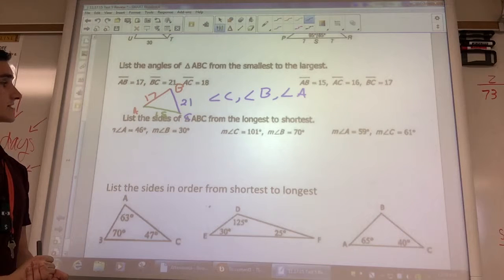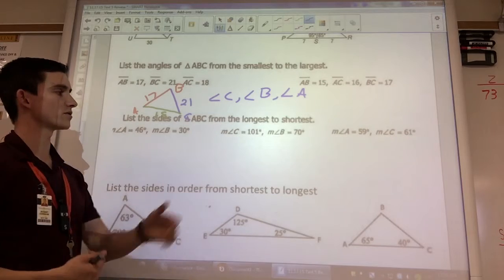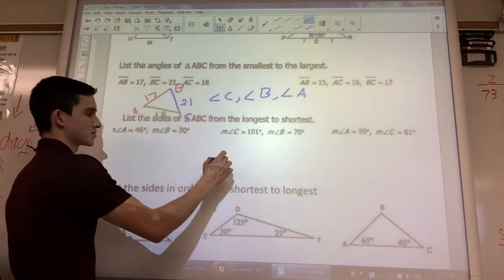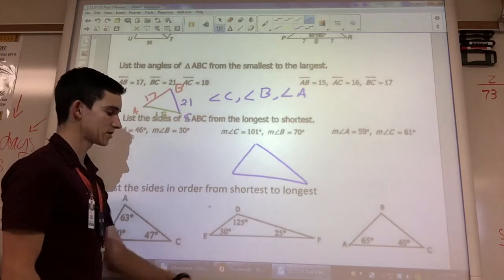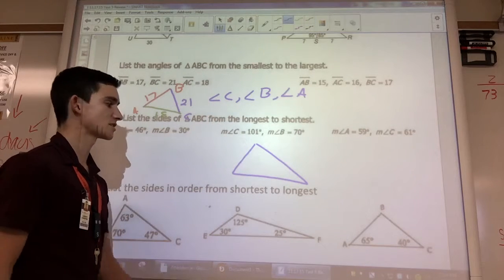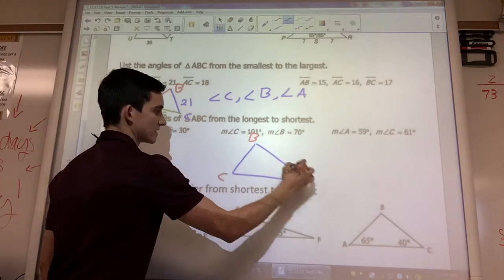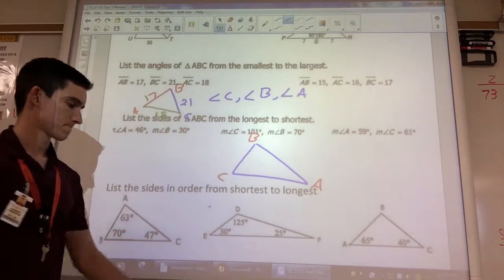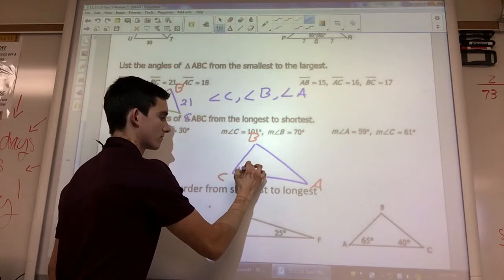Okay, list the sides of ABC from longest to shortest. So this is kind of the same idea. You have this triangle. Let's just do the middle one. I don't know if the triangle is actually going to look like this at all. It doesn't really matter. So I'm going to call this C. Let's call this B. Let's call this A. All right, so it says that C is 101.